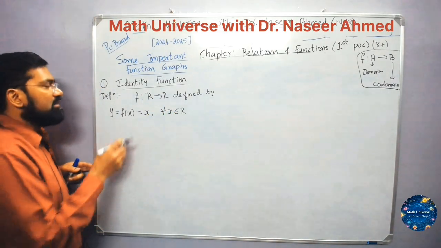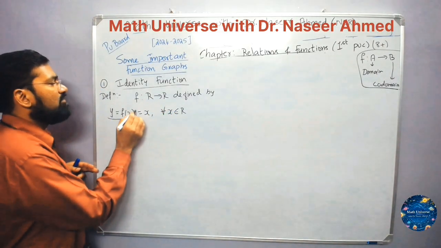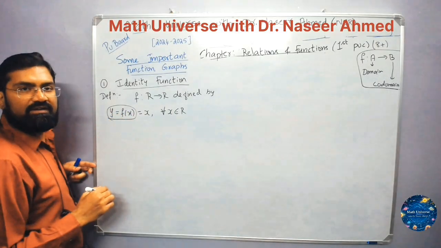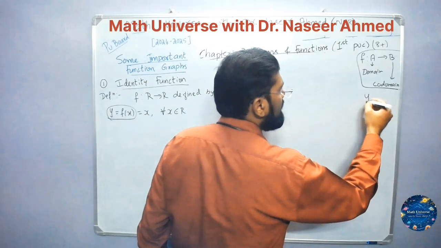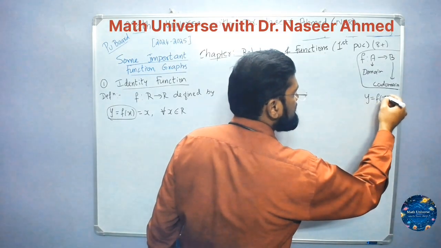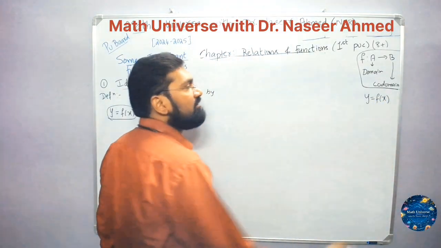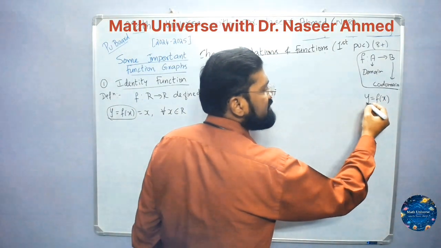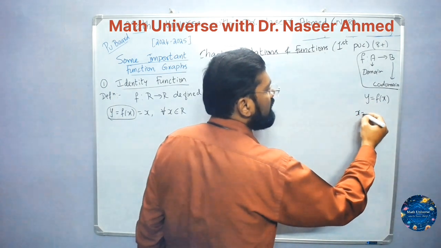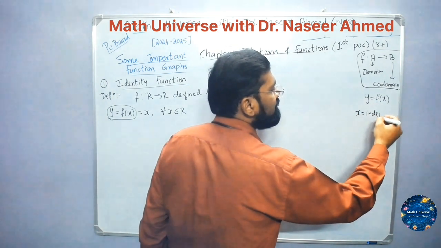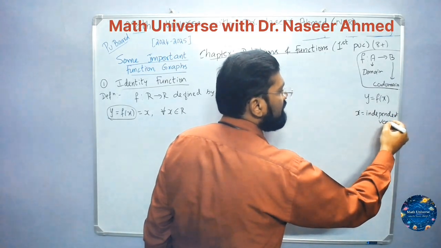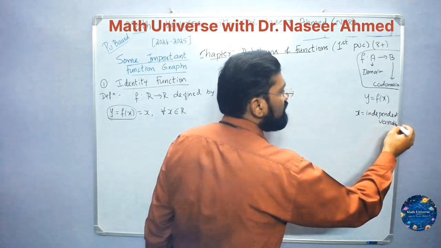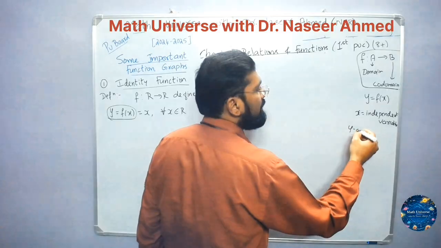Before I go ahead, let us spend some time on the meaning of y equal to f of x. Whenever I write y is equal to f of x, here we have two variables. One is x, the other is y. X is called the independent variable, whereas y is called the dependent variable.